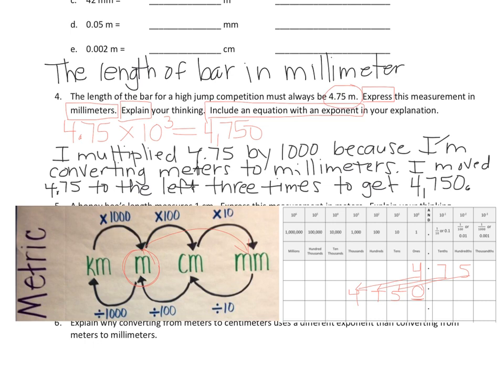So I'm going to write in millimeters is, and I'm going to write 4,750 period at the end. And here's my sentence. I have my answer of 4,750. I have the word millimeters, and I actually should put an S at the end. It's plural. And then I describe that it's the length of the bar. I could say the length of the bar for a high jump competition in millimeters is, but because I'm using my stylus, I don't have enough room.